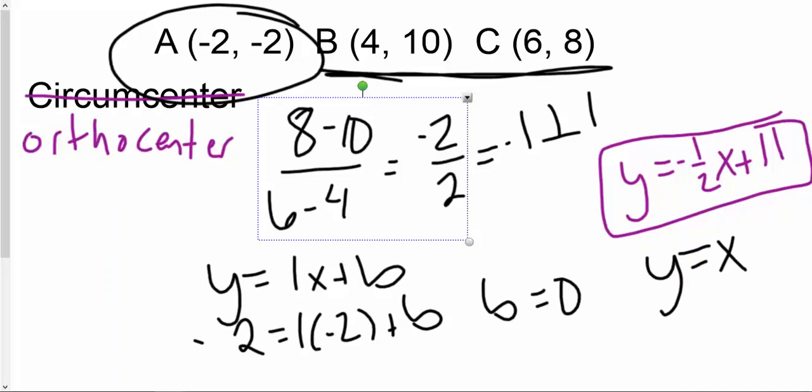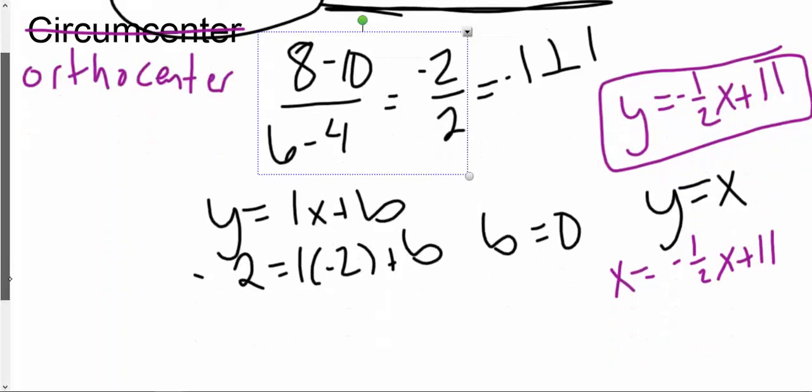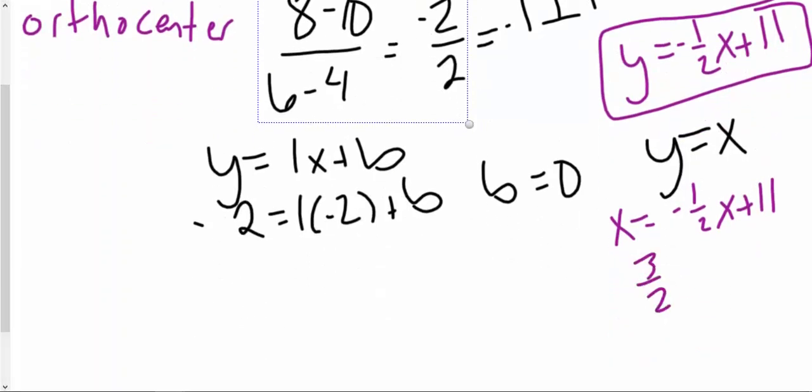This one's really easy for us to just plug in and substitute because we know we'll get the same x and y value. So let's go x equals negative 1/2 x plus 11. So I add that over and get 3/2 x equals 11. So x equals 22 over 3.